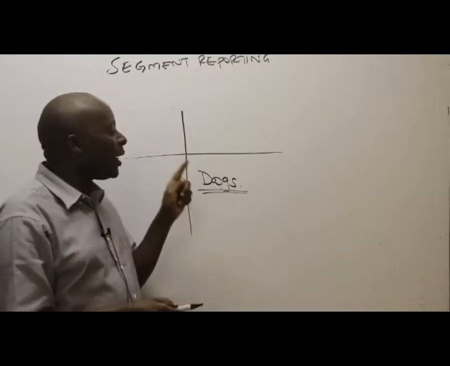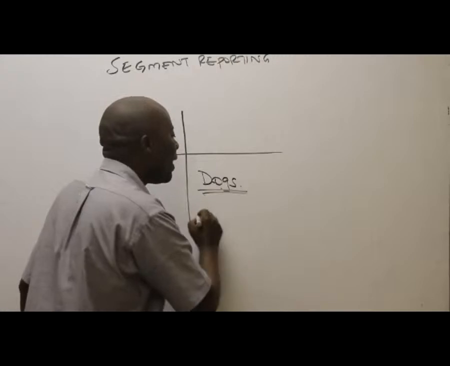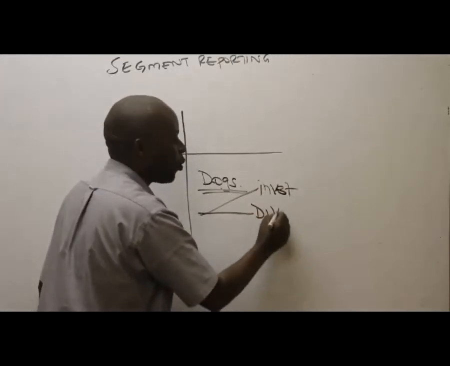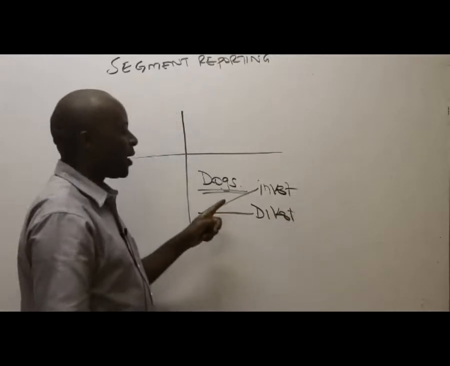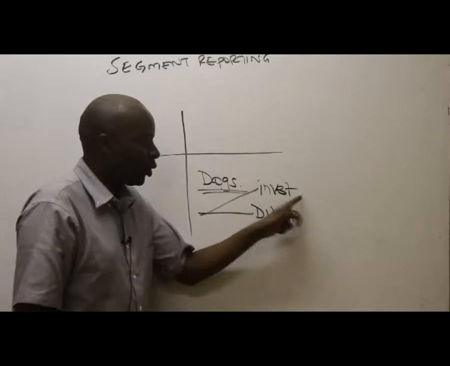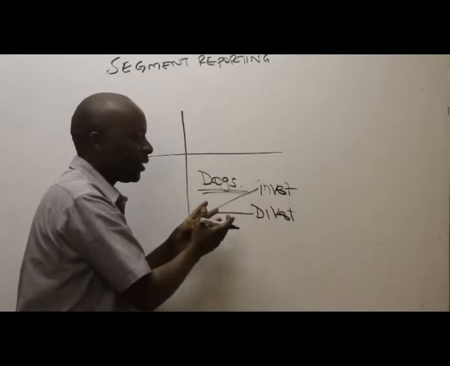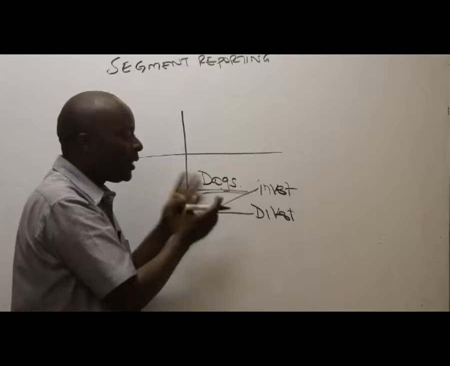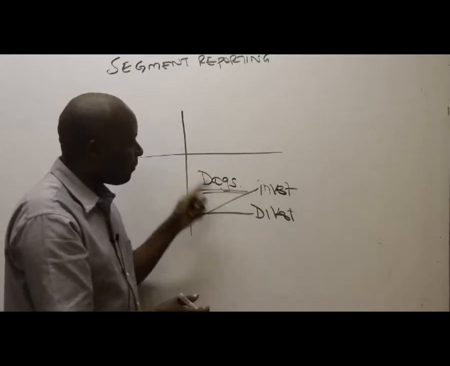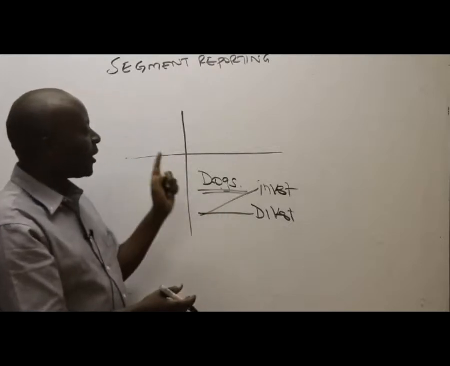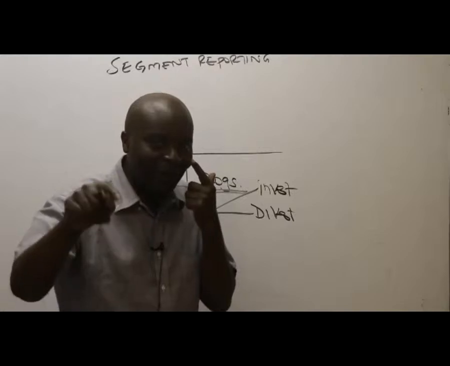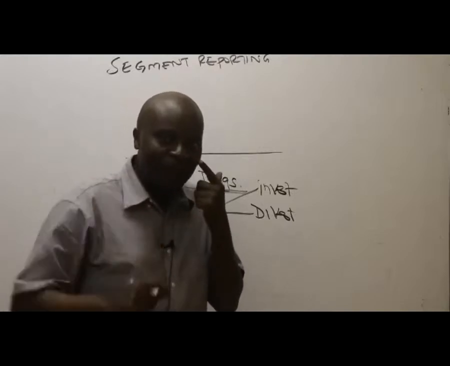So it will help us to think of areas to invest in and areas to divest from, to harvest, right? To remove our capital from. Dog products are those products or segments that don't generate anything to the company despite the efforts that you are putting in place.